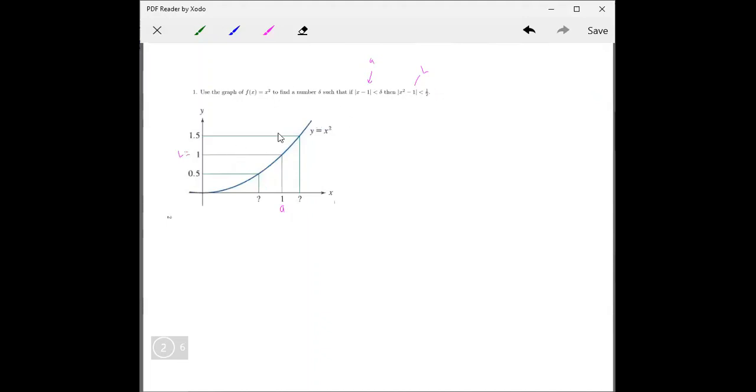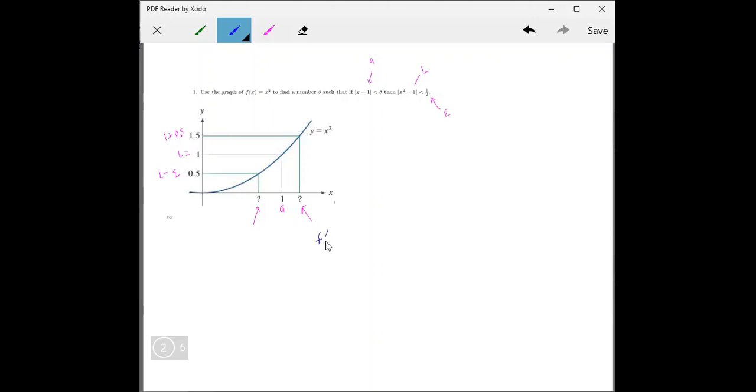And then less than 1/2 means we're going to go from the limit minus 1/2 to the limit plus 1/2, so it's limit minus epsilon to limit plus epsilon, from 0.5 to 1.5. The key is to figure out what these x values are.